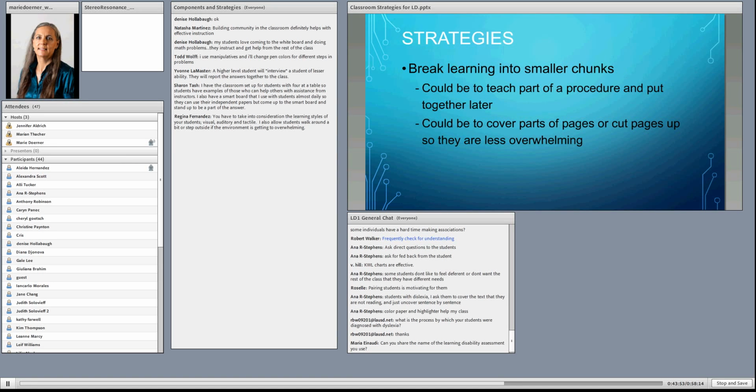I think this is one of the things that I do almost every day, is I just have a blank sheet of paper so that I can just cover it up. Or you could fold the page in half so that the student can see only part of the problems. When you see they start, look, I've got so many different puzzles, problems to do.